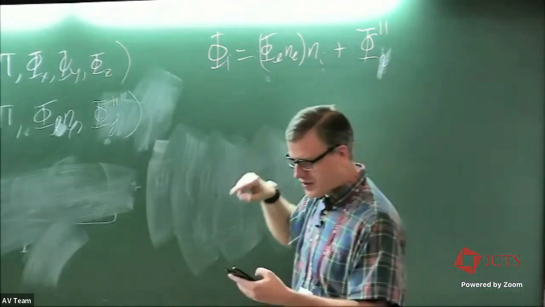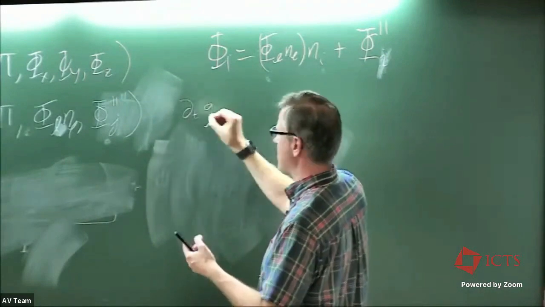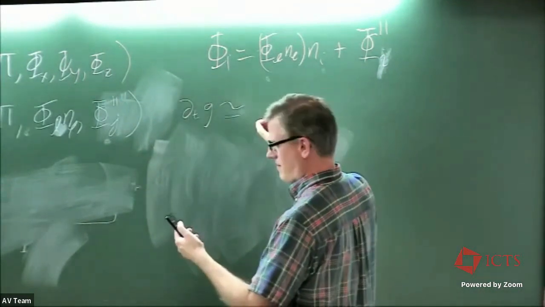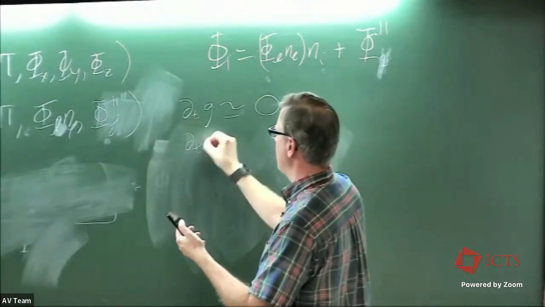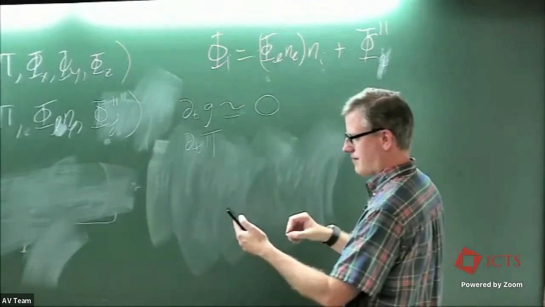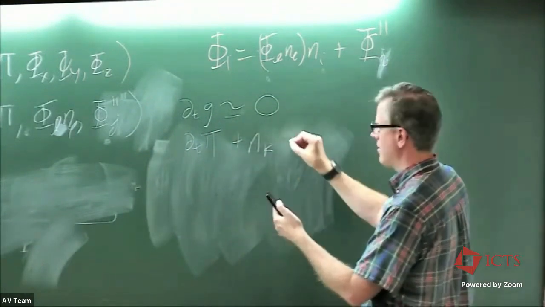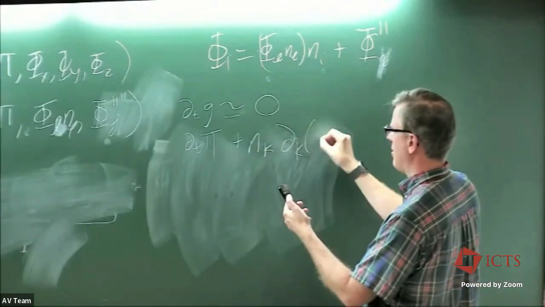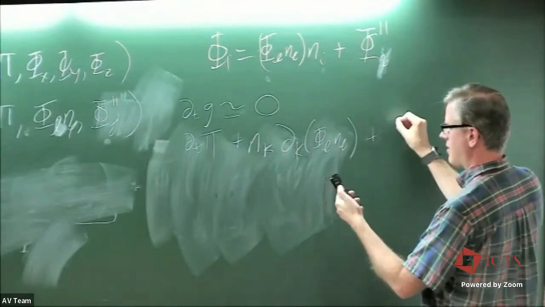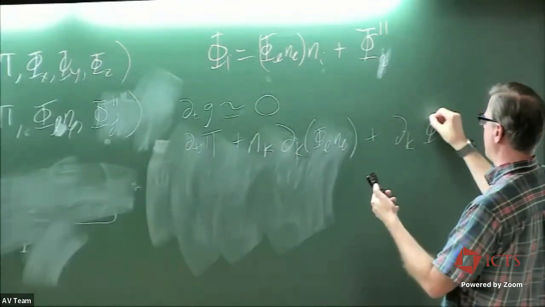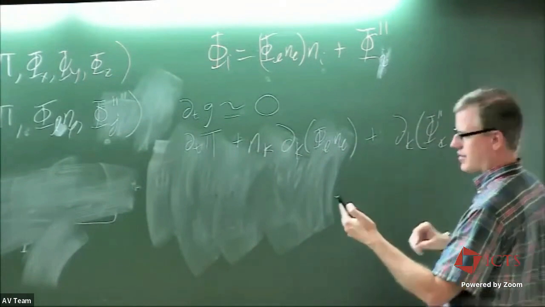And then if you expand all the equations out, you'll end up finding a system that looks like this. Partial t of g, the principal part of that equation remains 0. Partial t of pi plus nk partial k phi L n L plus partial k phi parallel k, that principal part is 0.